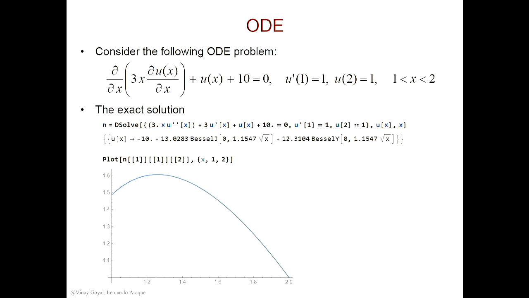U prime at 1 is 1, and then U at 2 is equal to 1 at the other boundary. Okay, so this ODE needs to be solved between x equals 1 and 2. That's really what we want to do. I solved it in Mathematica and just plotted this. That's the solution. That's the exact solution right there.